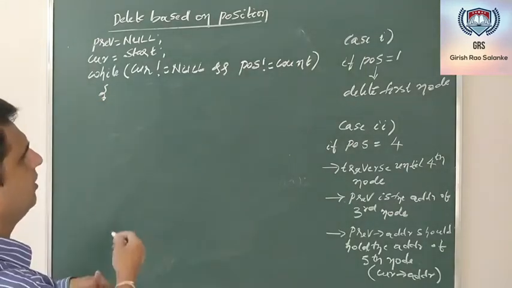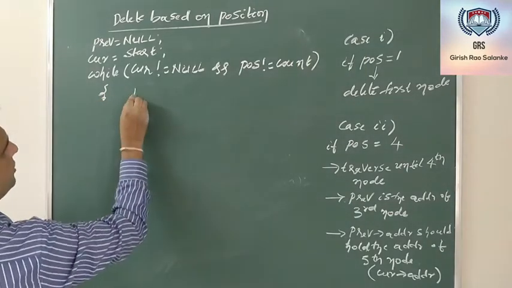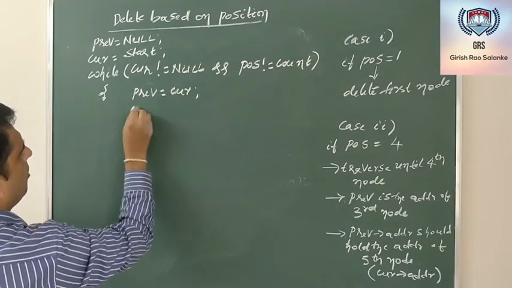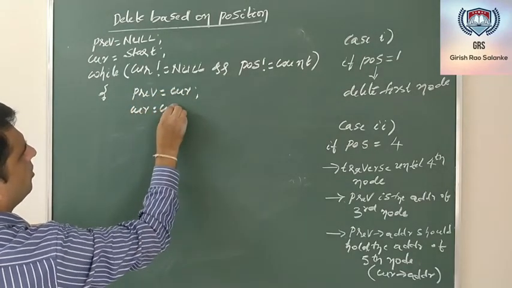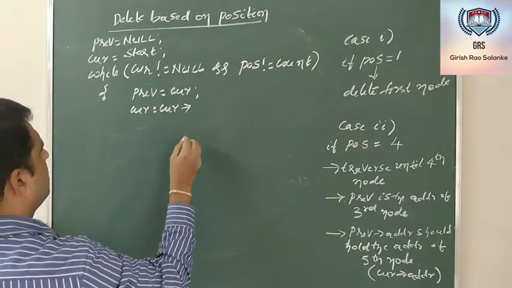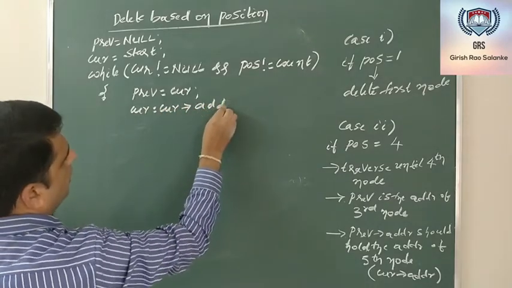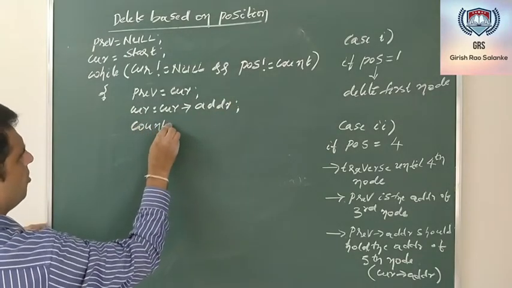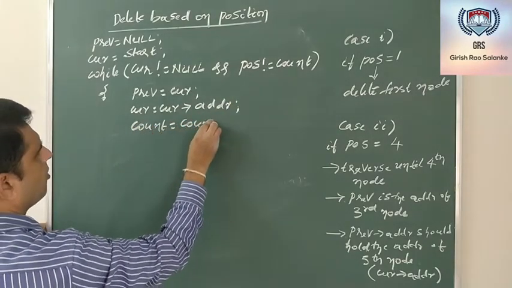Now I will change the reference of previous and current. Previous is equal to current. Current is equal to current of address. And I need to update count: count is equal to count plus 1.